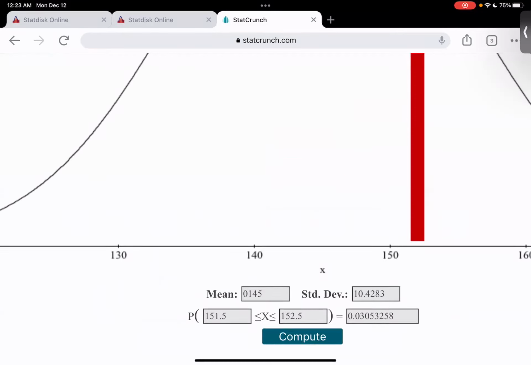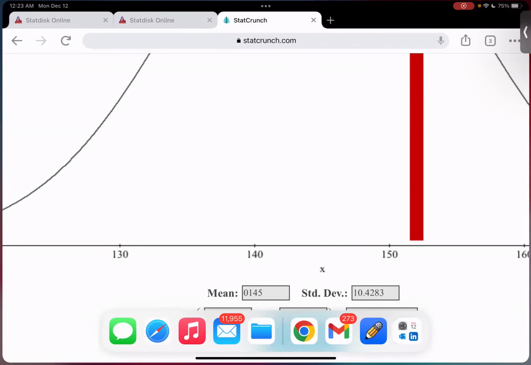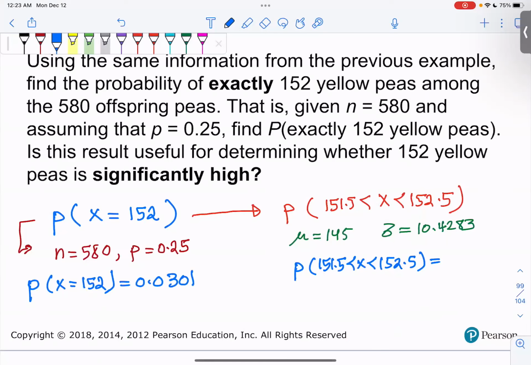And then compute. So this probability will equal 0.0305. So this value will equal 0.0305.